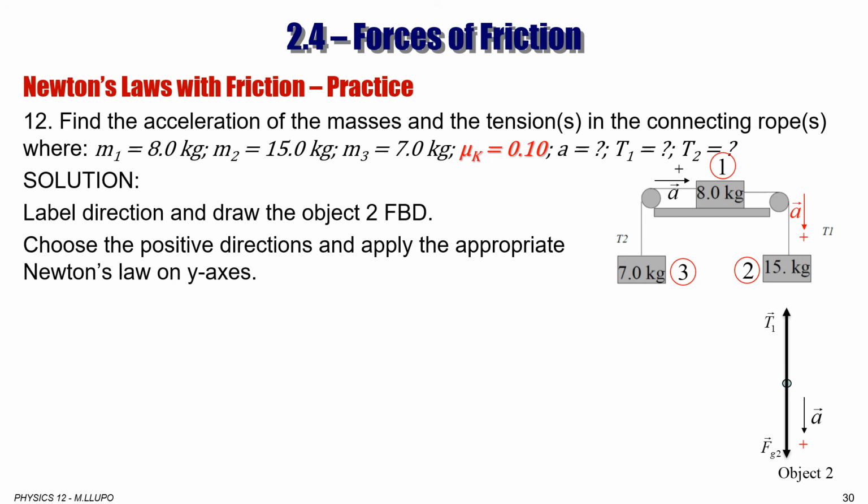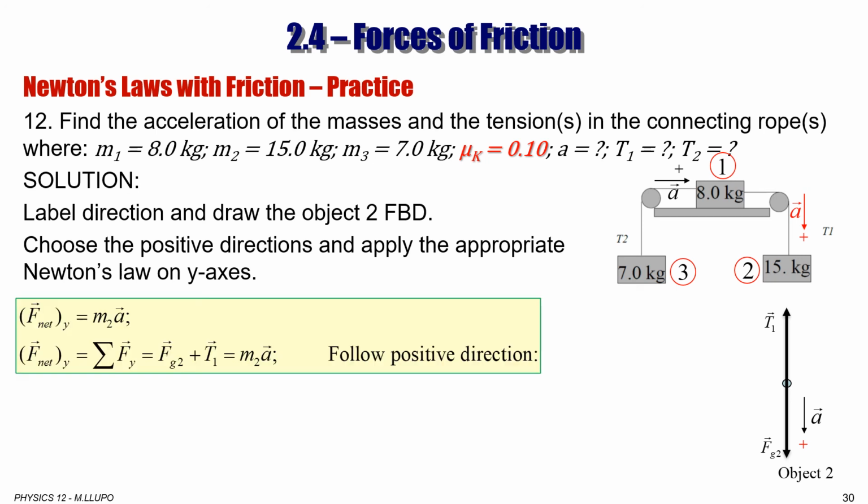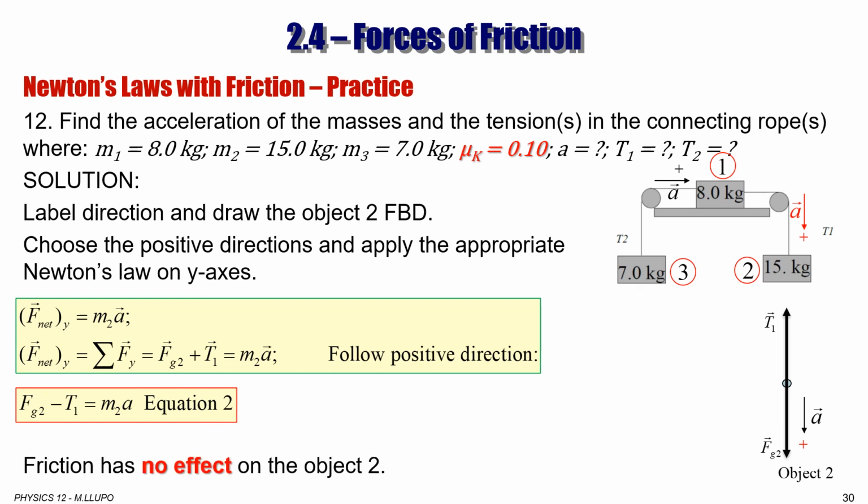In regards to friction, there's no change because we have already done this. So the sum of all forces is equal to m2a. And how many forces do we have? 2. Fg2 is positive and T1 is negative. So that will be equation number 2.